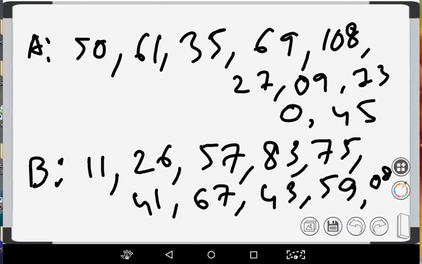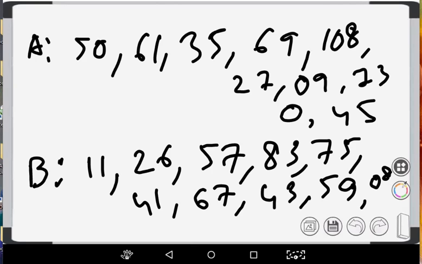Now my question is, which player is more consistent? To find this, we will calculate the coefficient of variation for both the players.